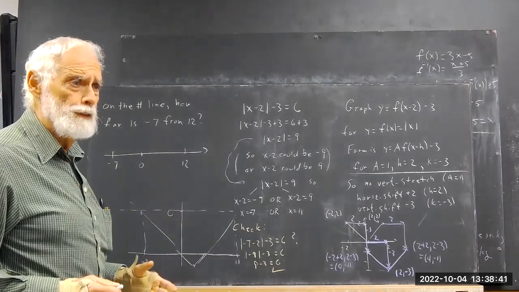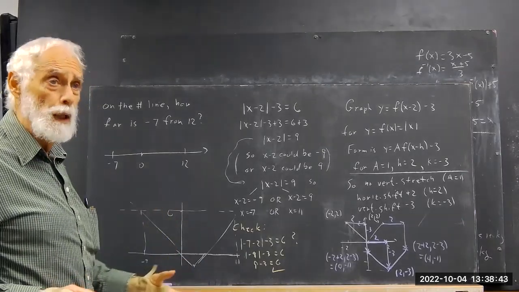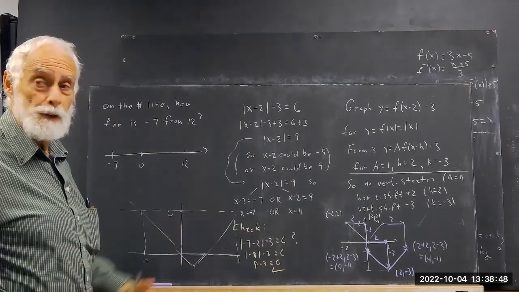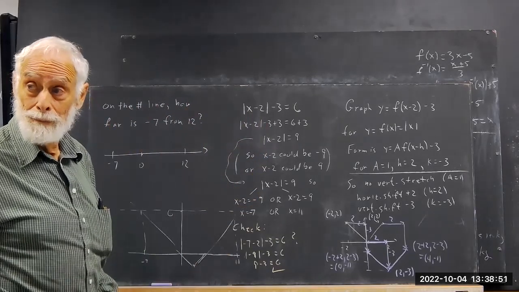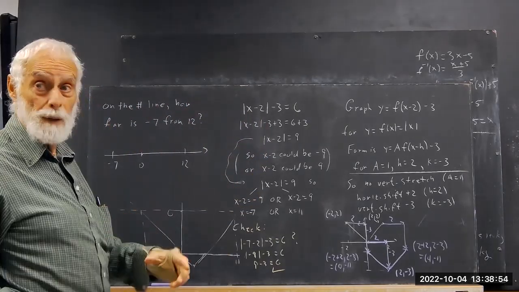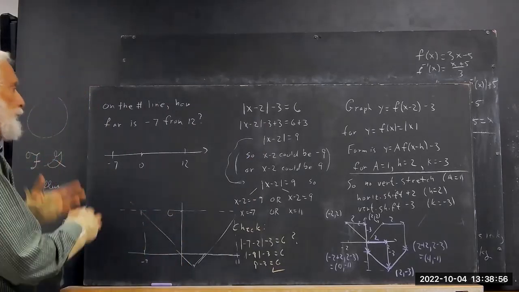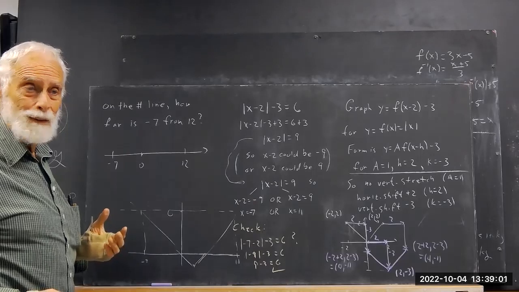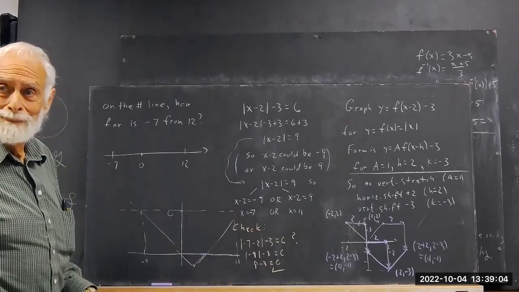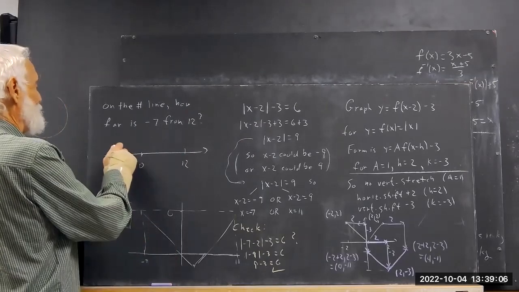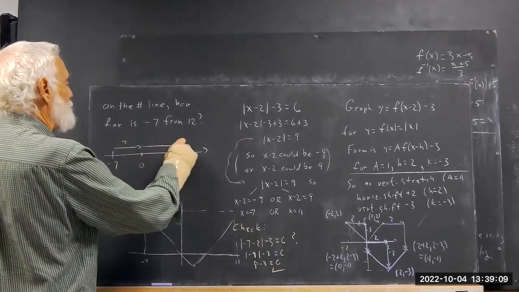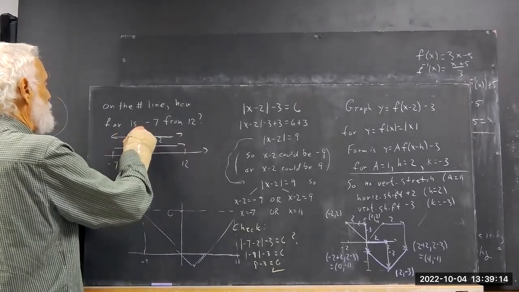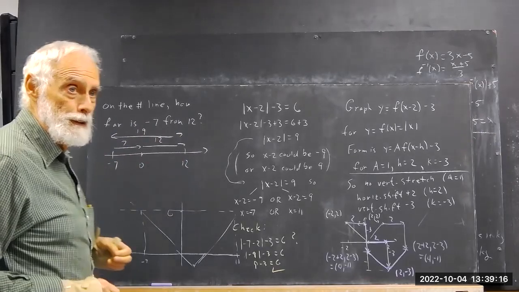I don't know how much visualization you've done on the number line or how much you're required to do. Because again, you put technology in your hands, you don't have to think or visualize. Well, I think you probably did have to do some of that, but it might have been a while. And if you're not picturing numbers on a number line, you're certainly capable of it because you're doing well with graphs. So just adapt it. Right there's 7. Right there's 12. So your total distance is 19. Okay.